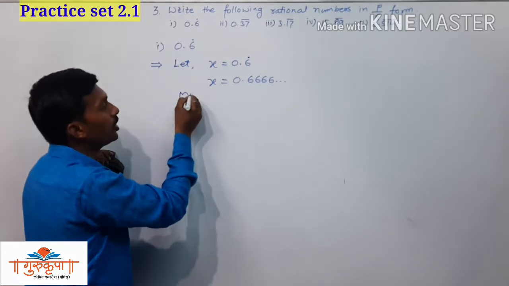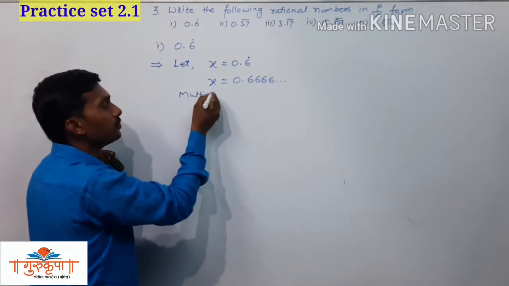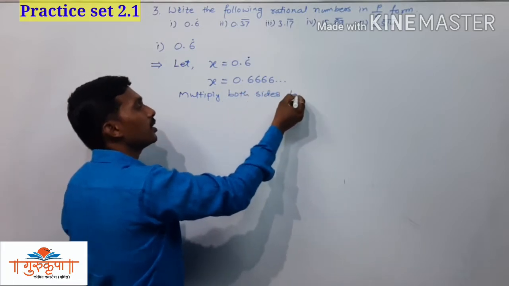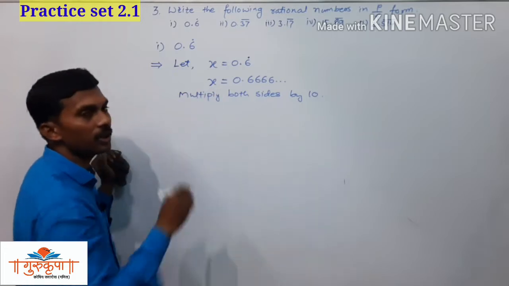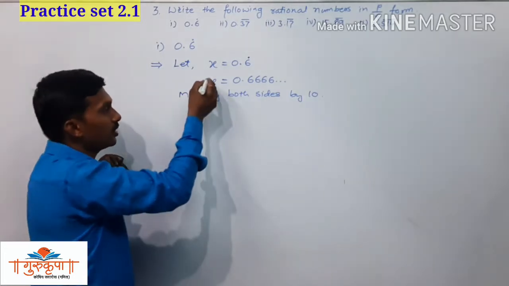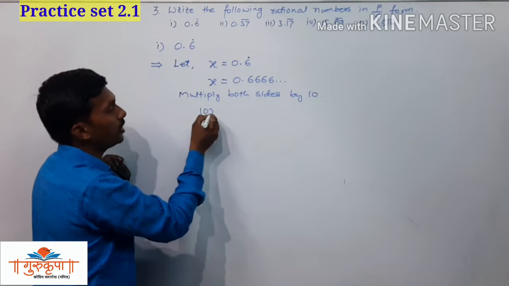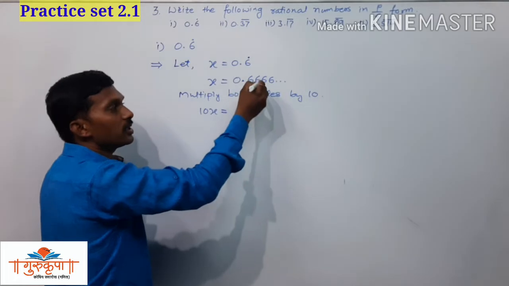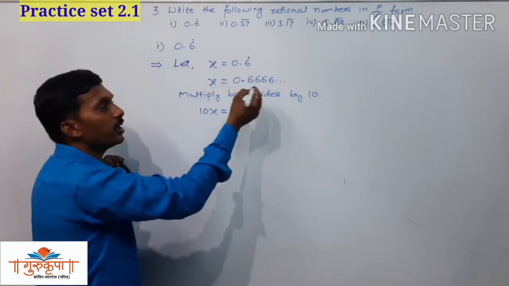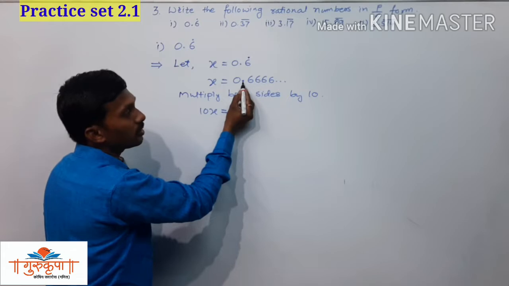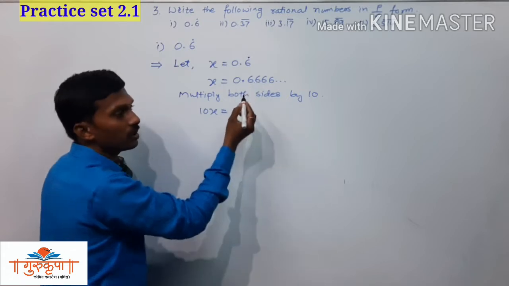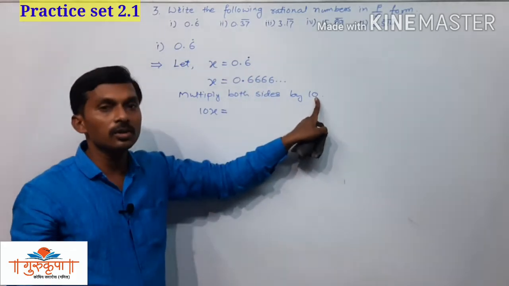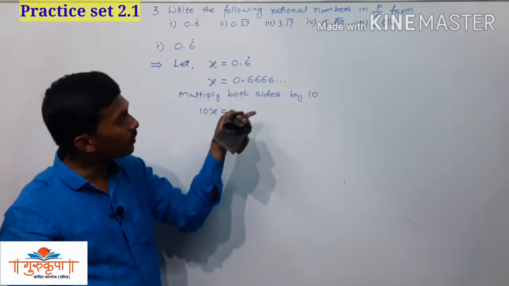So here we will write: multiply both sides by 10. It is not necessary to write it directly, you can just multiply, but we are writing it here. x multiplied by 10 is 10x is equal to, if we multiply this number 0.66666 and so on by 10, we have to put the decimal sign here. Since we multiply by 10, which includes one 0, we put the decimal sign after one digit.